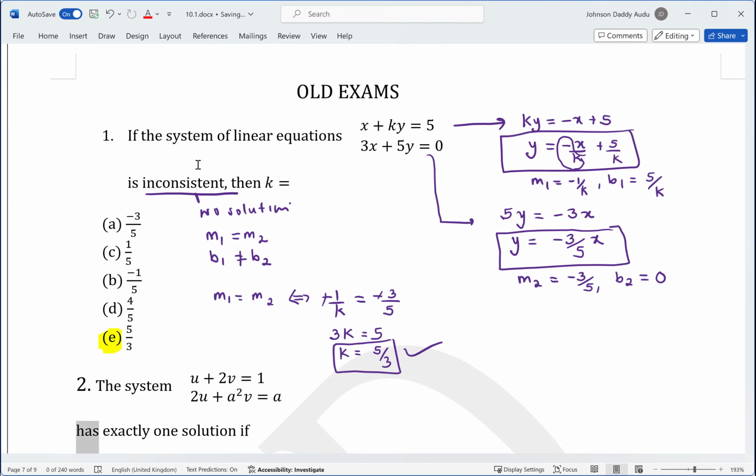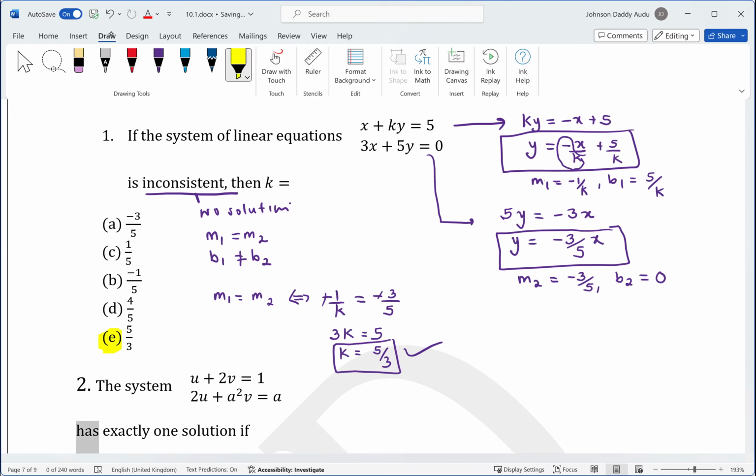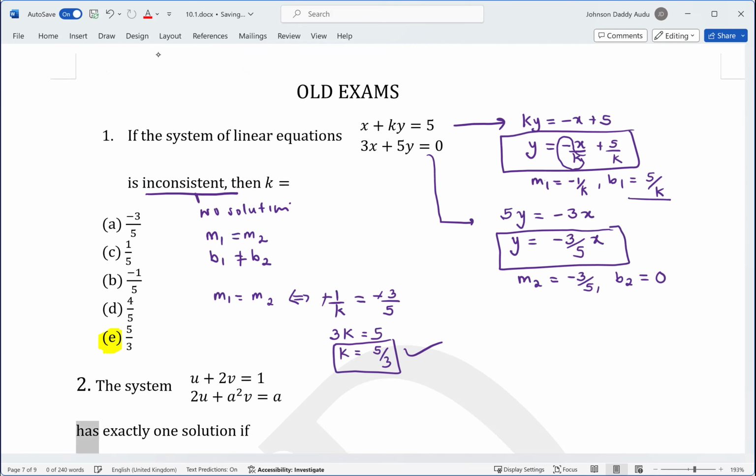Now you can see we did not even use the b's, right? The intercept. The y-intercept, as you can see, 5 over k is not the same thing as 0, right? Because the y-intercept for the second equation is 0.